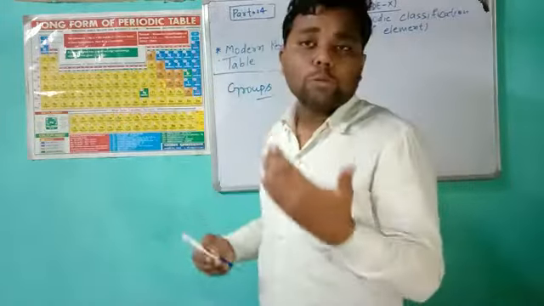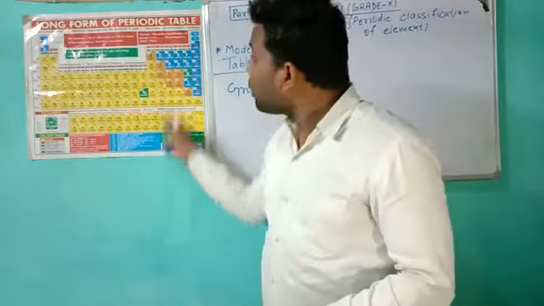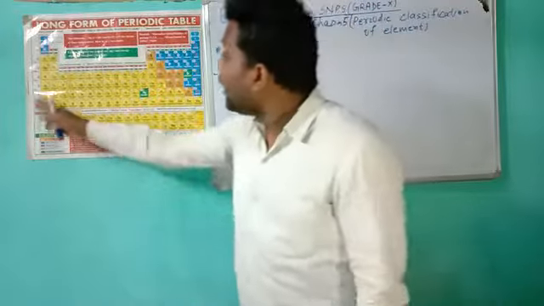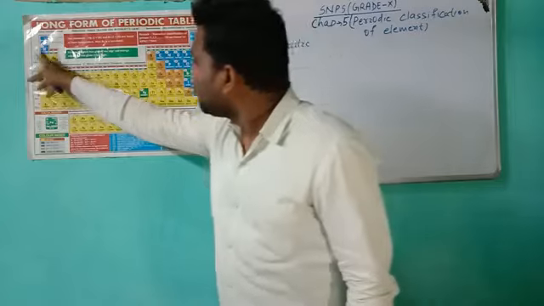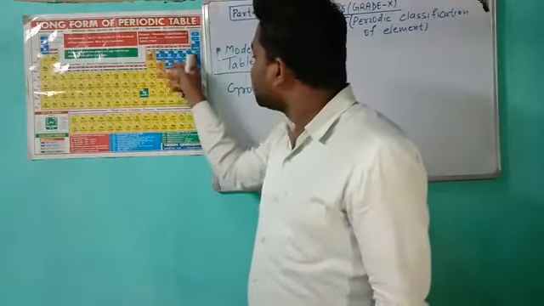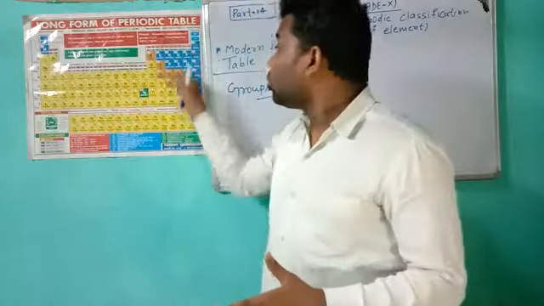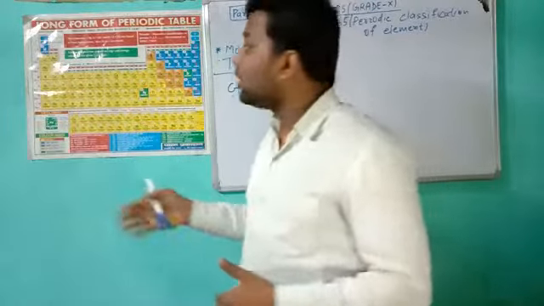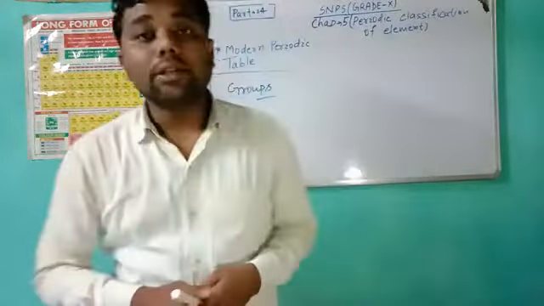And how many groups are present in the modern periodic table? There are 18 groups, the first one is here, then the second and so on, up to 18 groups.